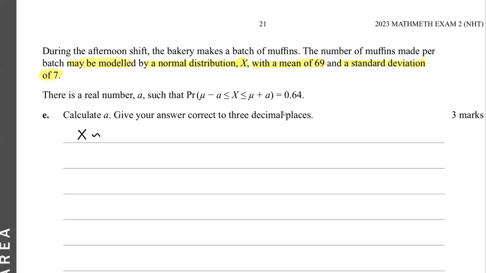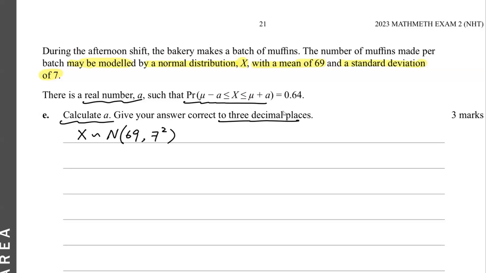X is a normal distribution, 69, 7 squared. There is a real number A such that the probability mu minus A less than or equal to X less than or equal to mu plus A is 0.64.